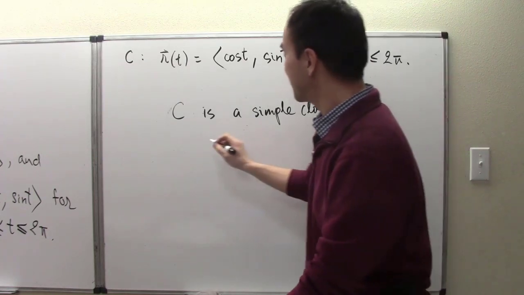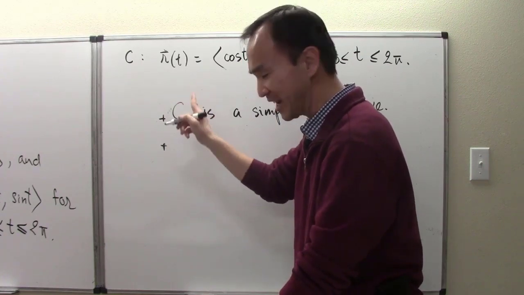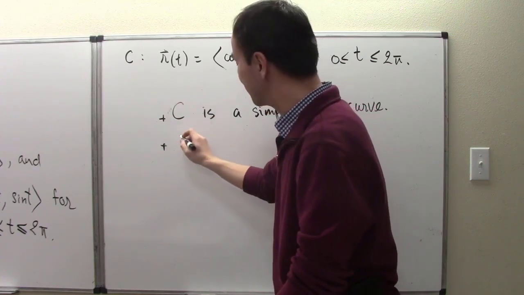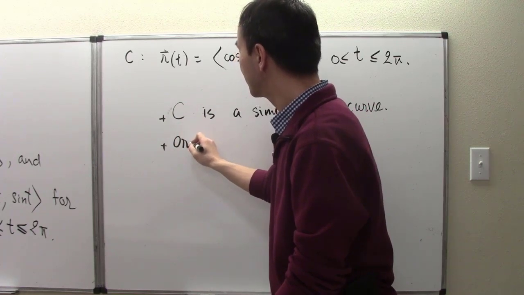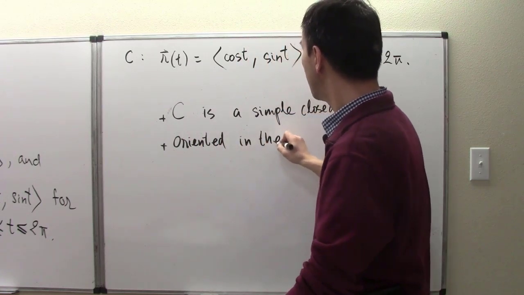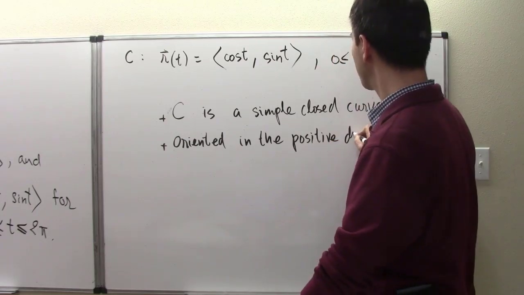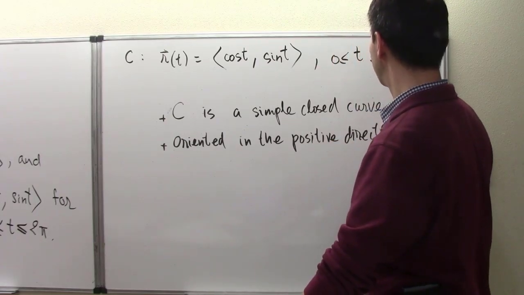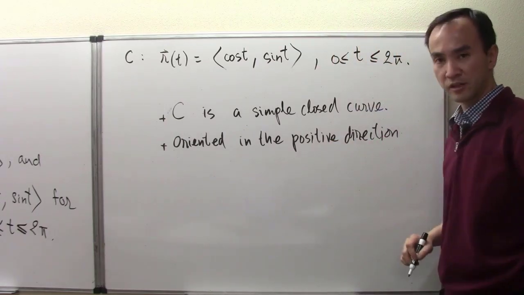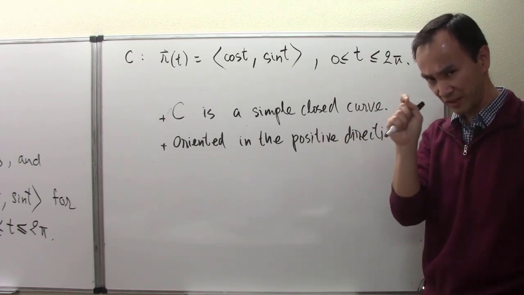And then another characteristic, number 2, about this kind of problem is that the curve itself, curve C, is oriented in the positive direction. Those are the 2 major characteristics about this line integral, specifically about the path.